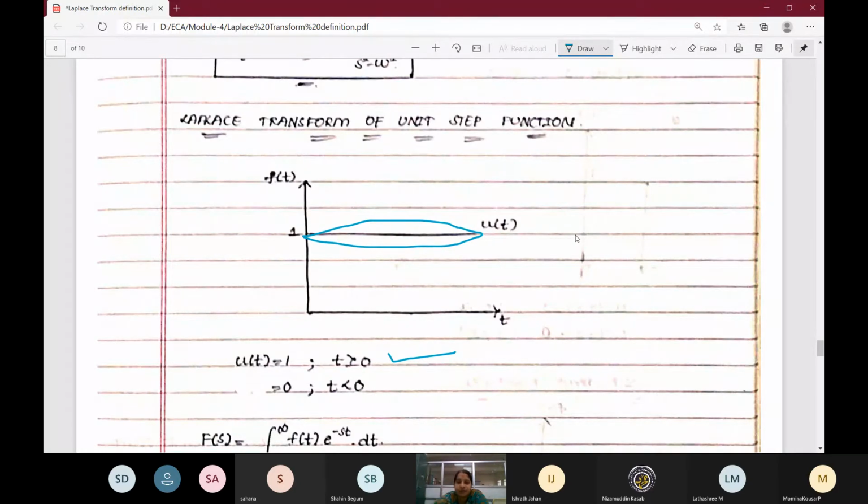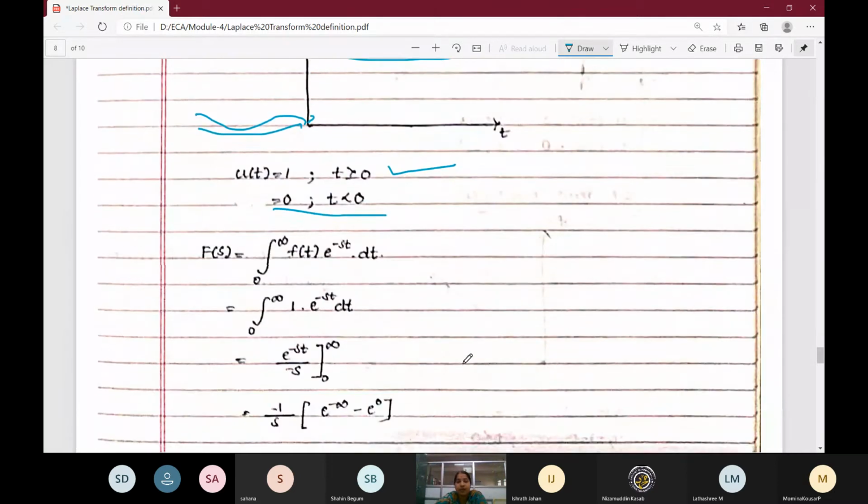That is the unit step function. And when the value is less than 0, behind here the value will be 0. That is the definition. So u of t is 1 when t is greater than or equal to 0 and u of t is 0 when t is less than 0. So this is the definition.